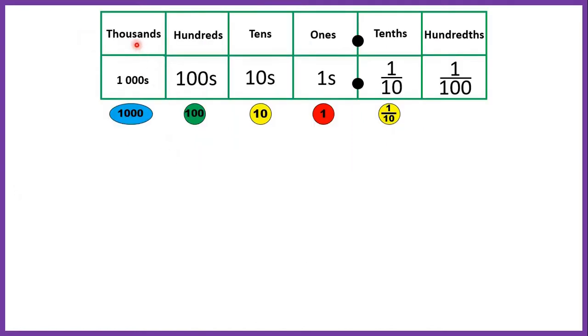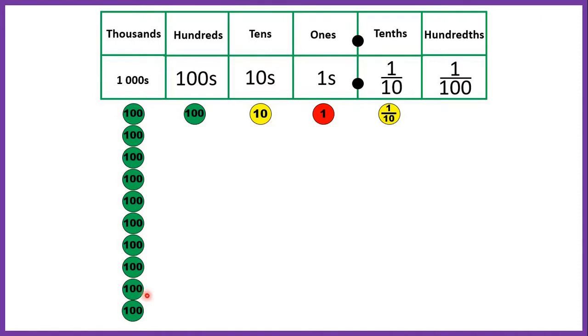So we know our place values for thousands, hundreds, tens and ones. Then we have a decimal point to separate our ones from our tenths, and now we know that the place value after the tenths is the hundredths place. So we know that if we have 1,000, that's the same as having 10 hundreds.